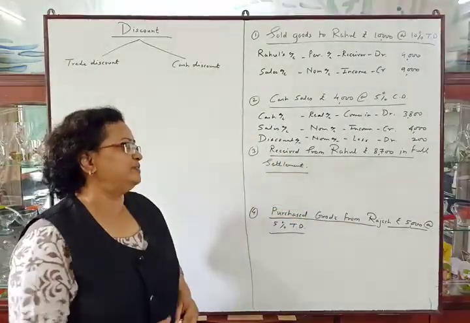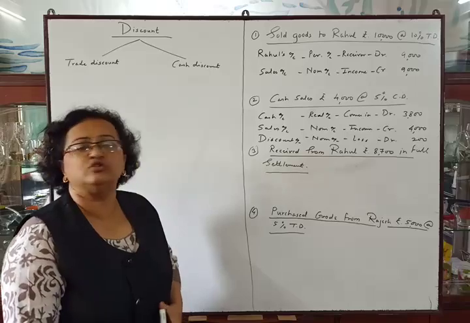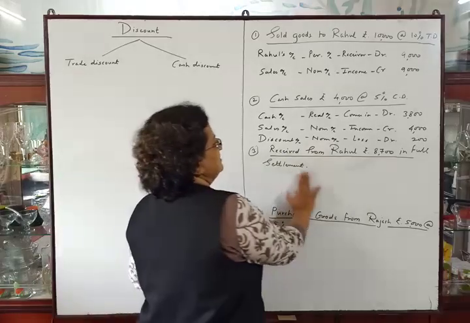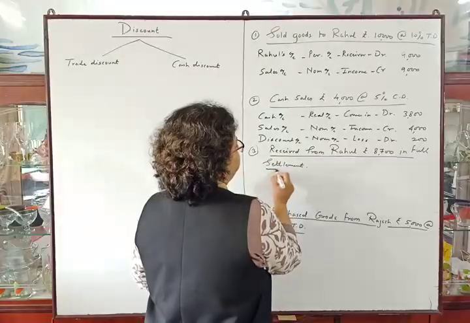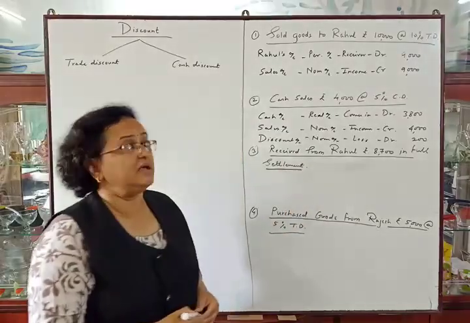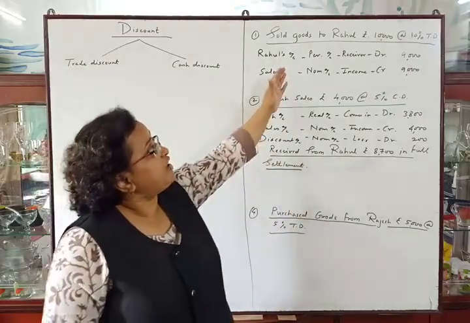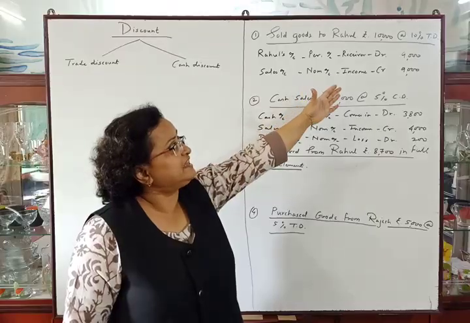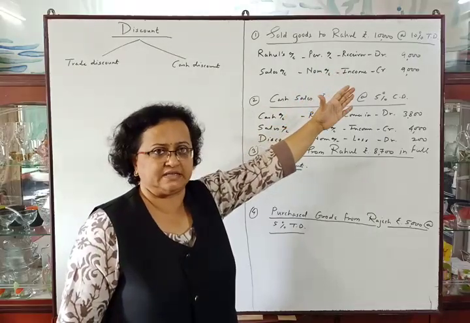Received from Rahul rupees 8,700 in full settlement. This is the entry. See, in the first entry we have sold goods to Rahul worth rupees 10,000 at 10% trade discount.